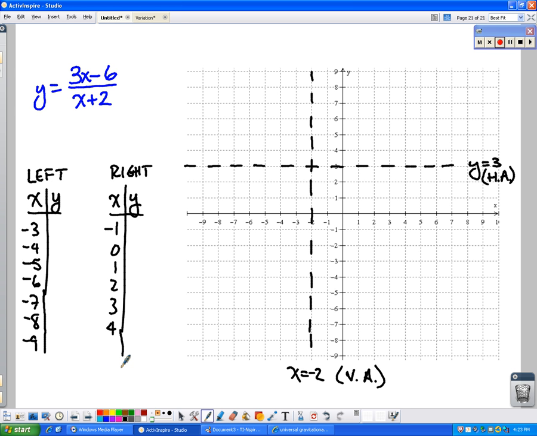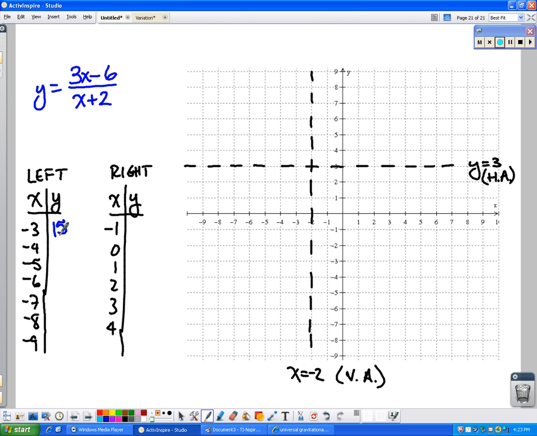All right, so for our left branch, here, we'll go ahead and do that one in blue. If we plug in negative 3, well, the numerator becomes negative 9 minus 6, which is negative 15. The denominator would be negative 3 plus 2. That's negative 1. And a negative divided by a negative is a positive.